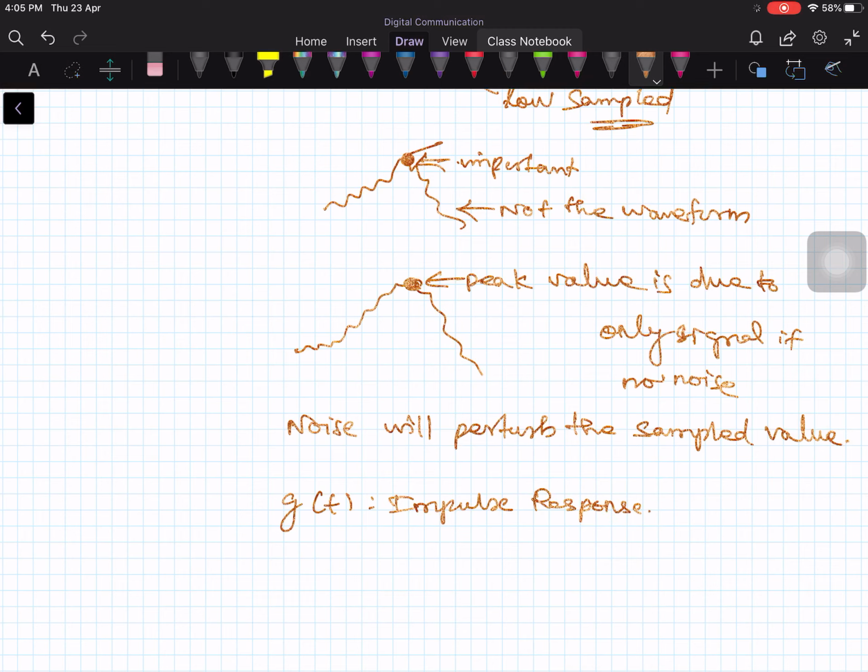So you design or derive g of t such that there is maximum contribution from signal and as low a contribution as possible from noise.